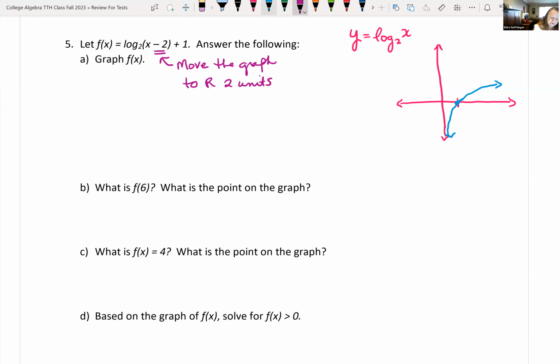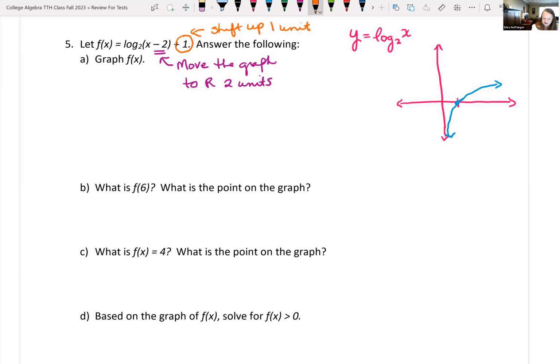And this plus 1 in here, this shifts it up 1 unit. So I can take this point that's always on my graph of a log base b of x, which is at this 1, 0.